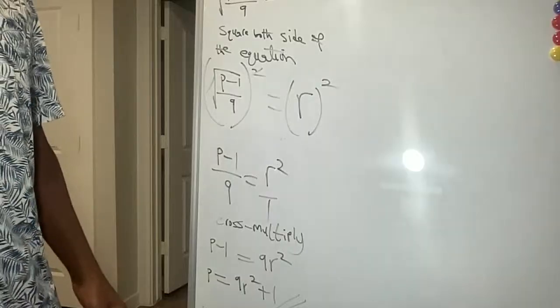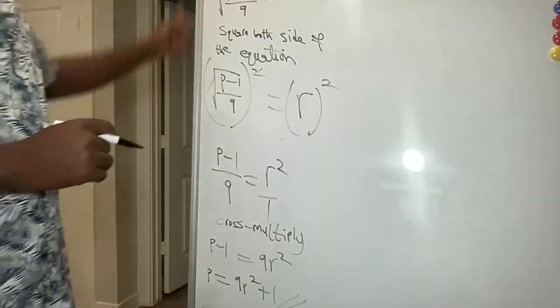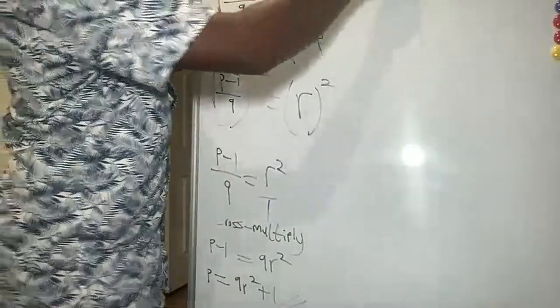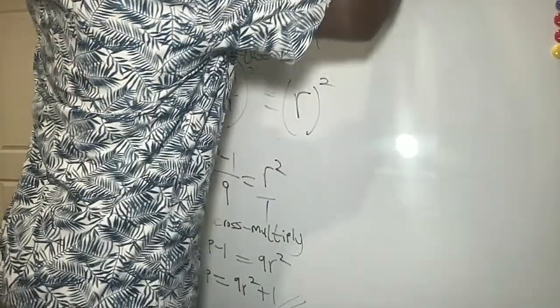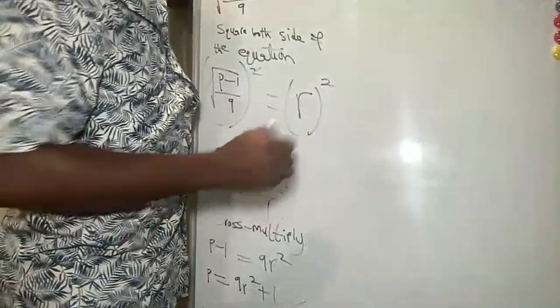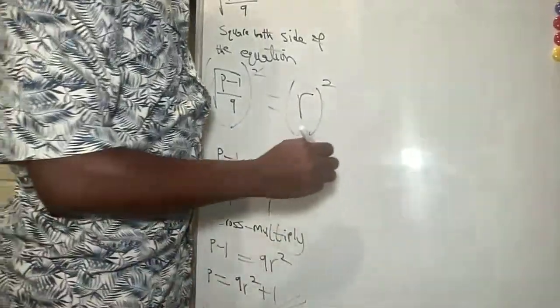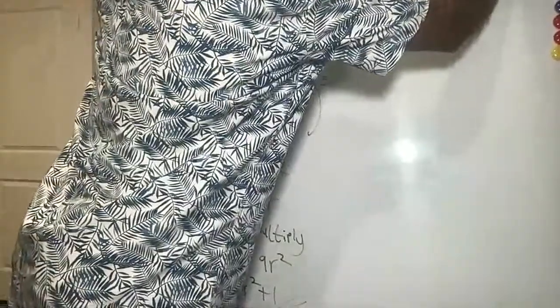So let's look at this one: 3m plus 10 over 2 is equal to 2n plus 1.